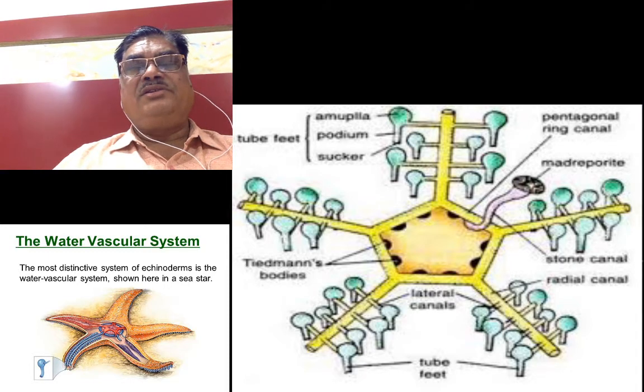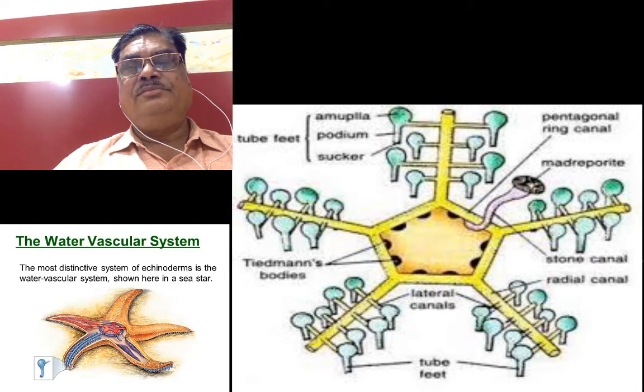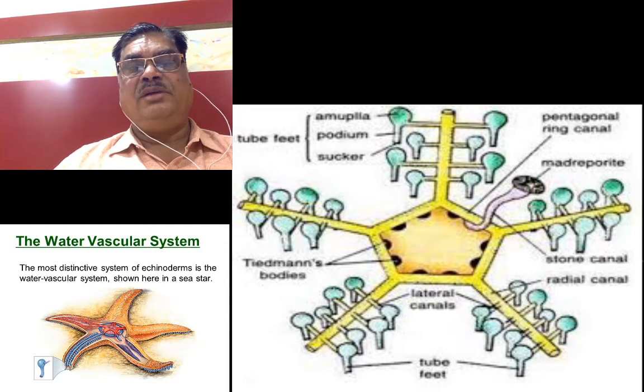So the water vascular system is also called the ambulacral system. It has the madreporite, which is a button-shaped structure. It has smaller openings. With the help of these openings, they take in water, and that water comes into the stone canal. It is an S-shaped stone canal.